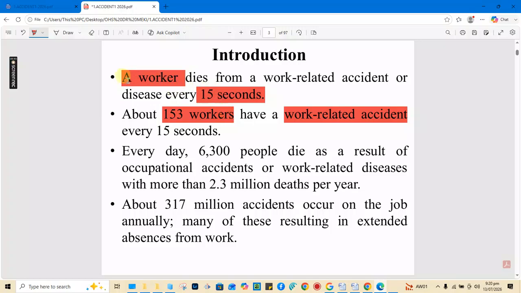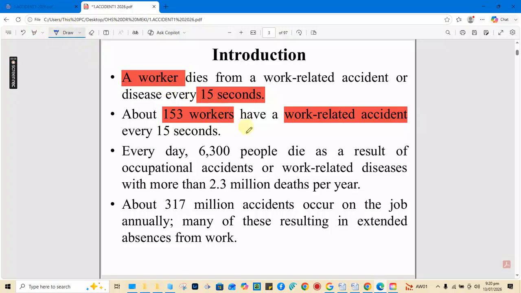So here you can be asked, dash dies from a work-related accident or disease every dash. You know that's one worker per 15 seconds, and then within that same 15 seconds, how many workers have work-related accidents? 153. And among the 153, one dies.